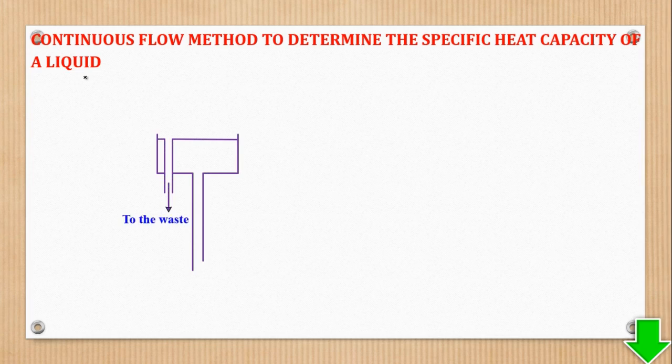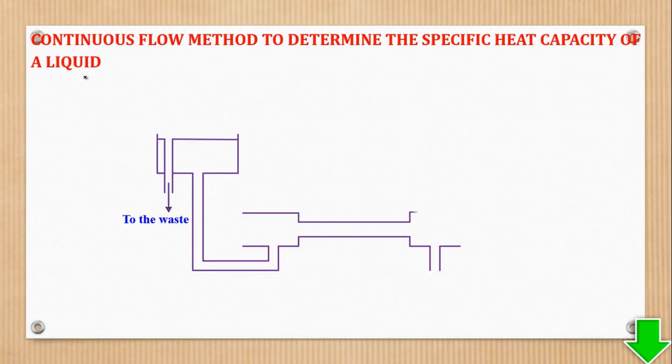What I've been looking at has been the method of mixtures and the electrical method, but the electrical method has been involving using a heater. But when you bring in the element of continuous flow, it means that there's continuous flow of the liquid whose specific heat capacity is required. So let's draw a diagram so that you can easily understand it.